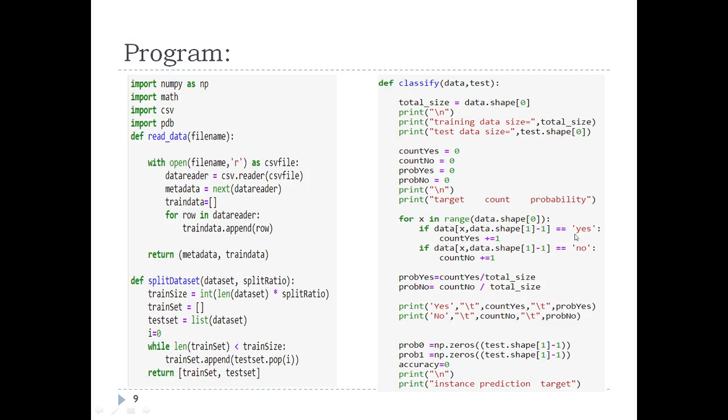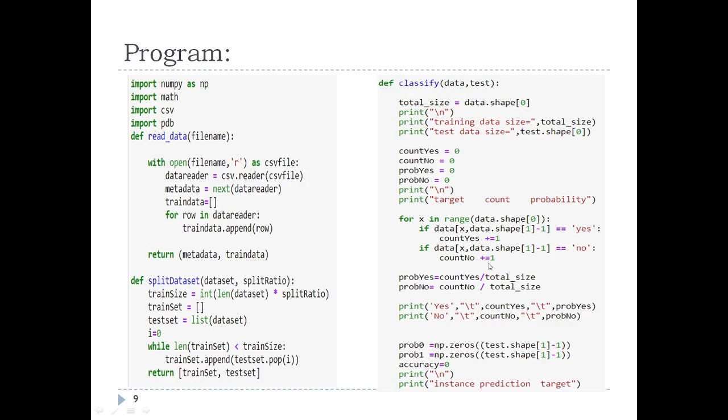Every time a yes occurs, the count yes will be incremented by 1. Next we will count the number of no's in the training data set. Then we will calculate the probability of having yes in the training data set by taking the count, the number of yes, divided by the total size.